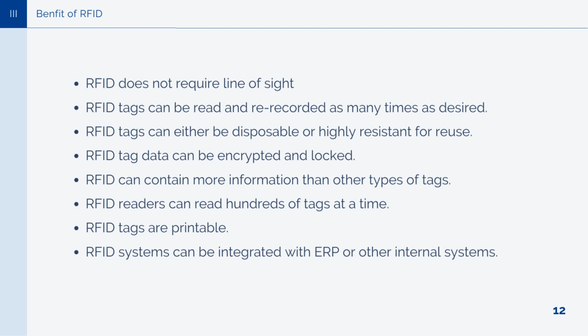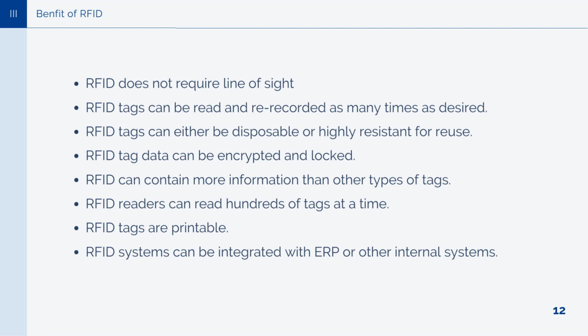RFID does not require a line of sight. RFID tags can be read and recorded as many times as desired. RFID tags can be either disposable or highly resistant for reuse. RFID tag data can be encrypted and locked.